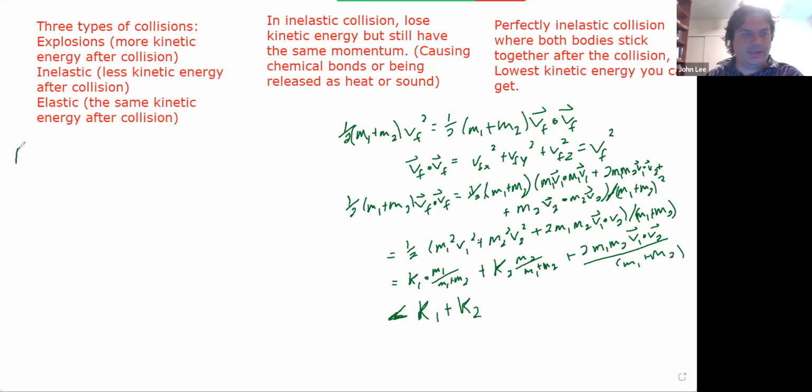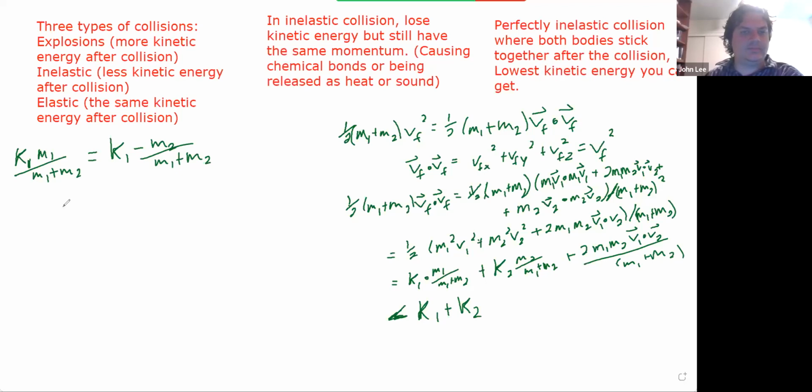So K1 times M1 over M1 plus M2 is equal to K1 minus K1 times M2 over M1 plus M2.